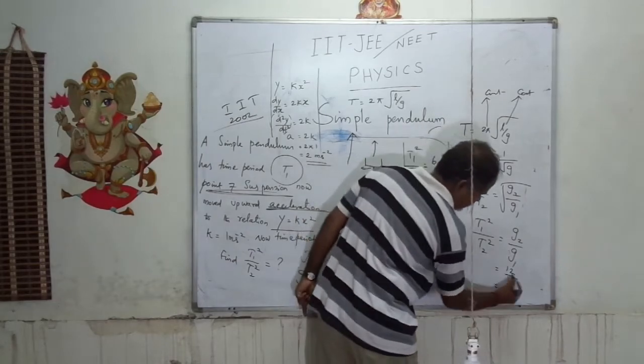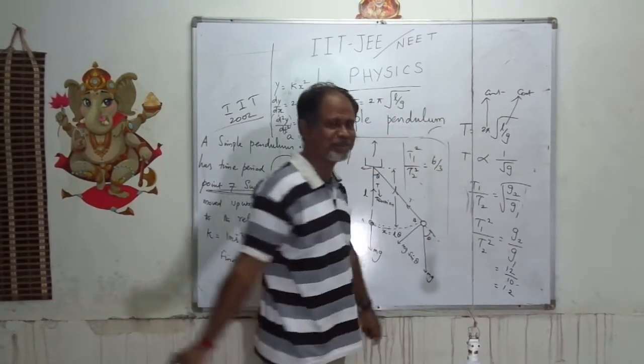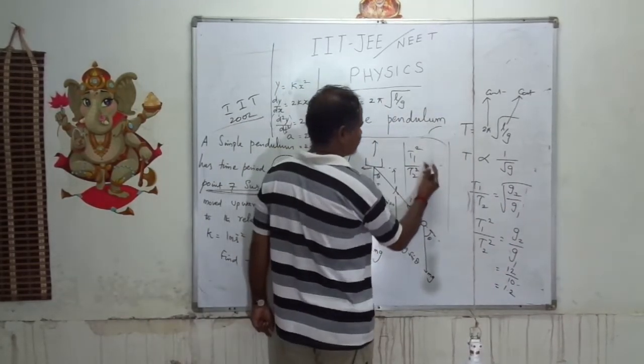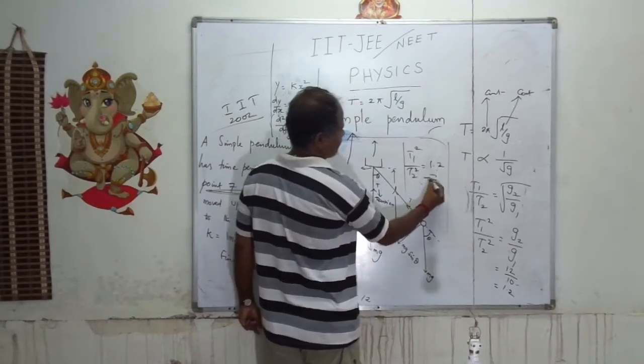Then this is nothing but 1.2. So T1 square by T2 square is 1.2. This is the answer.